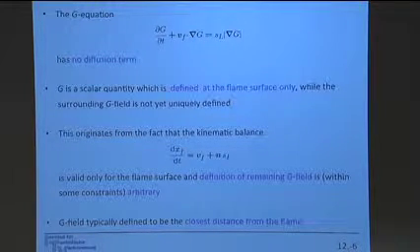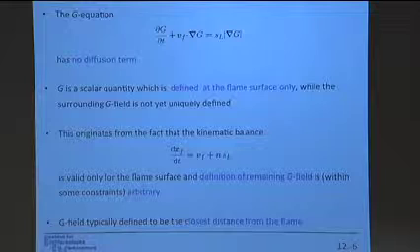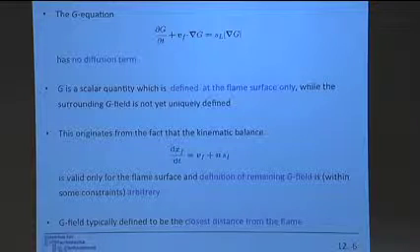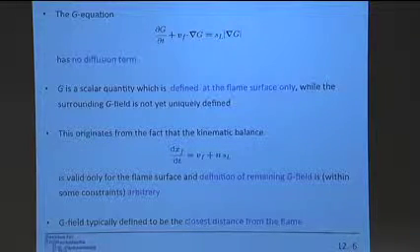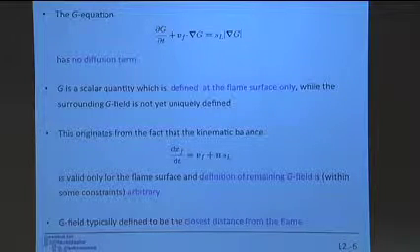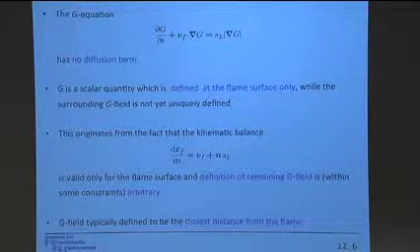So the value of G always gives you the closest distance to the flame, and that property is not conserved by solving that equation. So every so often you have to do a so-called reinitialization, which means you fix the entire field again to be a distance function without touching the isosurface of G.